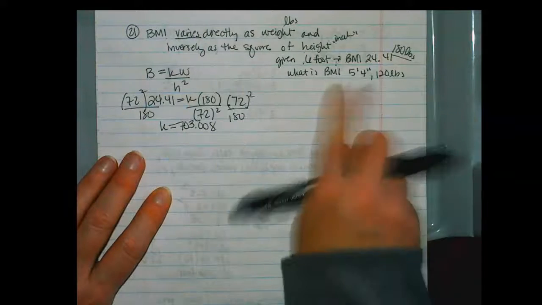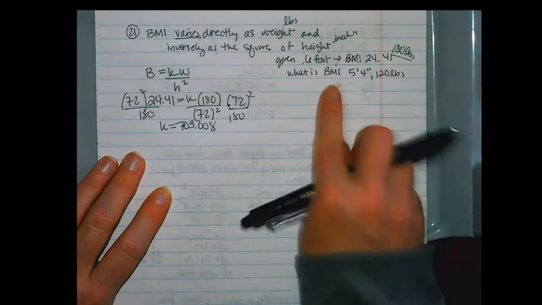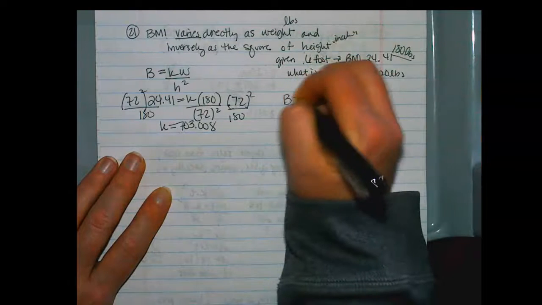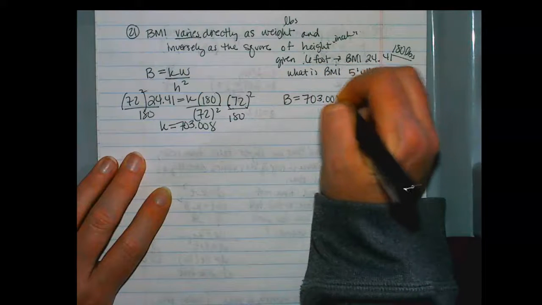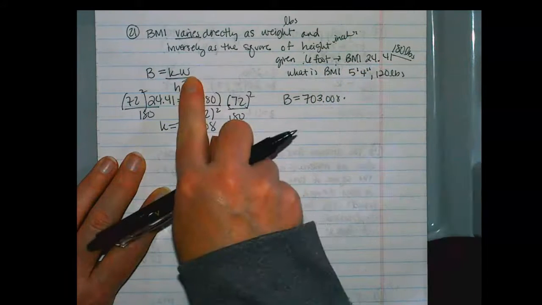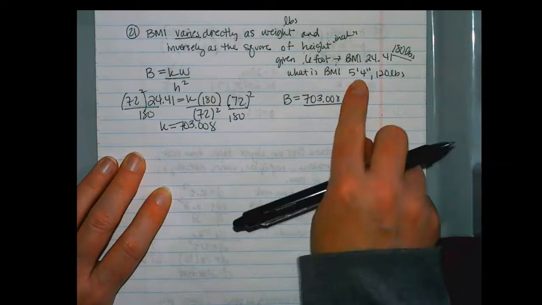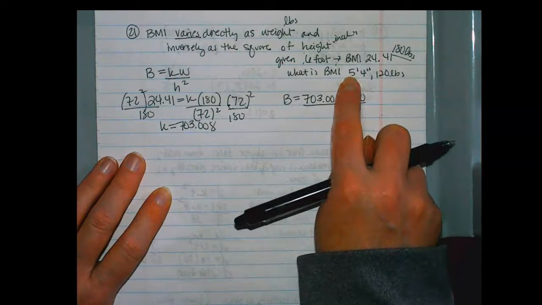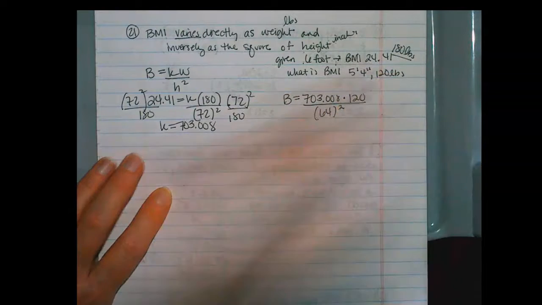So now I apply it to this person, and I don't know the BMI, so I'm going to leave B blank. The constant variation is 703.008 times weight, which was 120 pounds. And then I've got 5 foot 4 inches, so this is 64 inches, 64 inches squared.